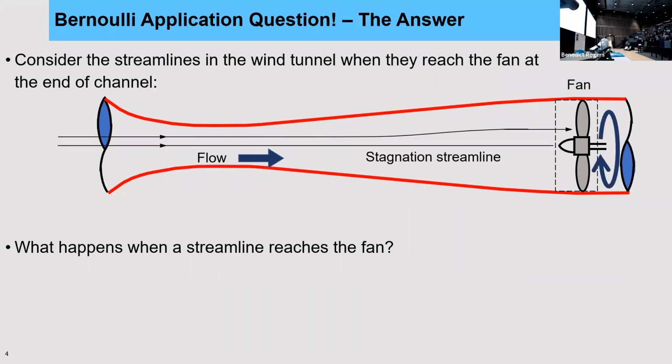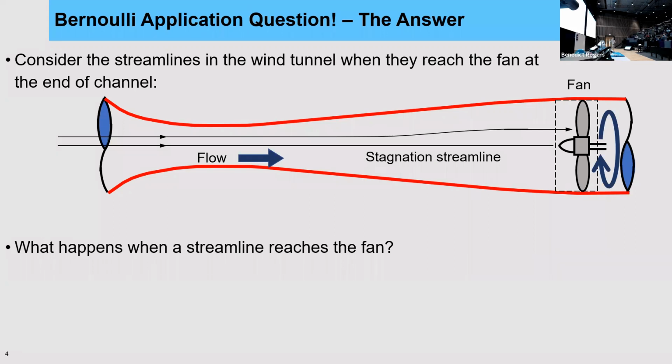So let's consider the streamlines in the wind tunnel as they reach the fan at the end of the channel. They've gone all the way through, as you can see there in the image, from the beginning all the way through to the end, and they're about to hit here. But the fan is rotating, and it's rotating quite fast.